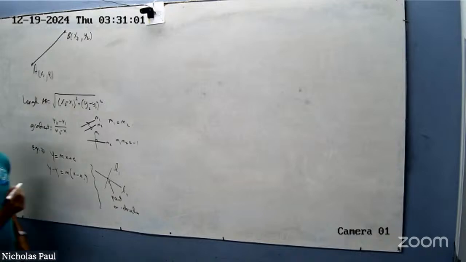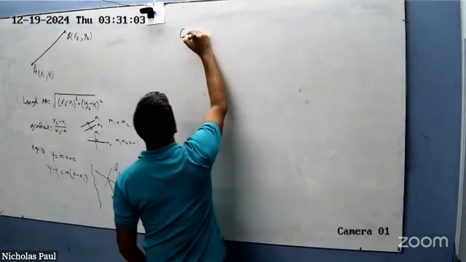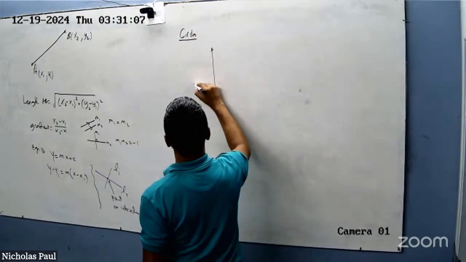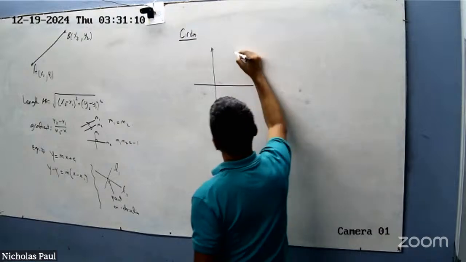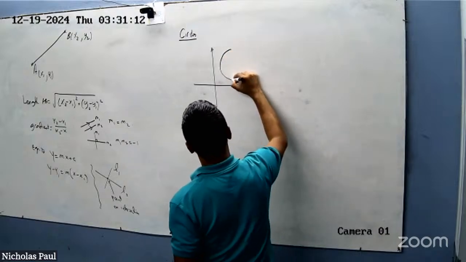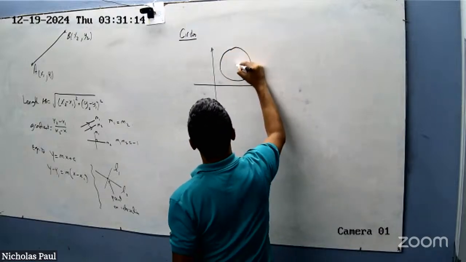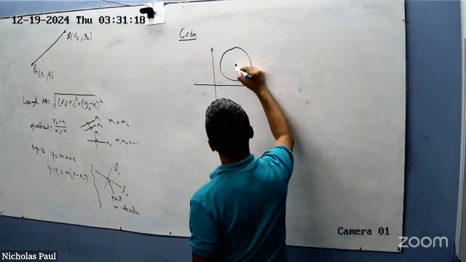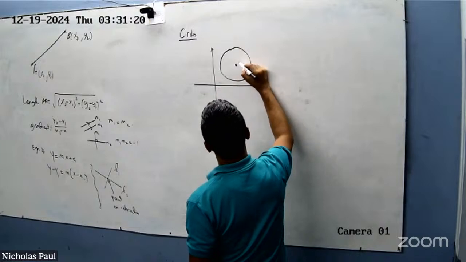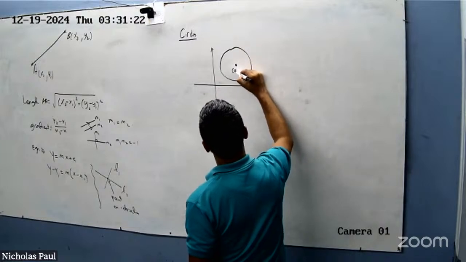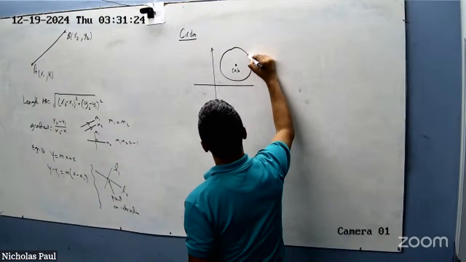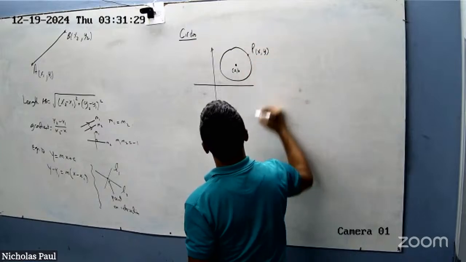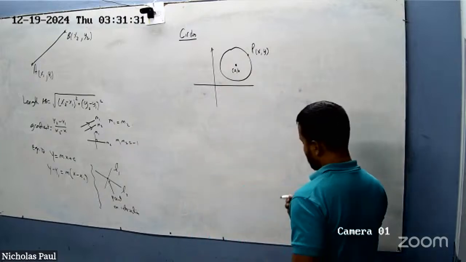Now we want to go into circles. What we're going to do with these circles is actually develop the equation. Let's say I gave you a circle. Let the circle center be (a, b), and let a point on the circle be (x, y).